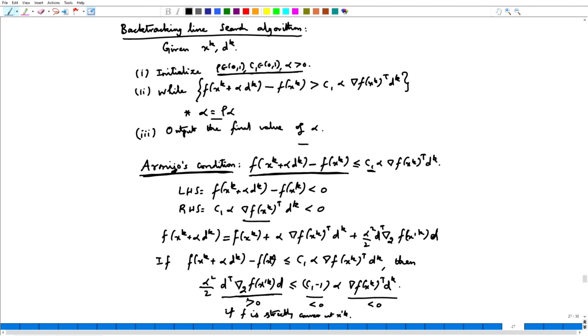So, you have a positive quantity into alpha squared by 2, okay, less than or equal to alpha into a positive quantity again.